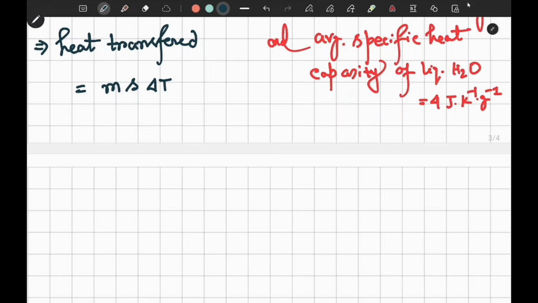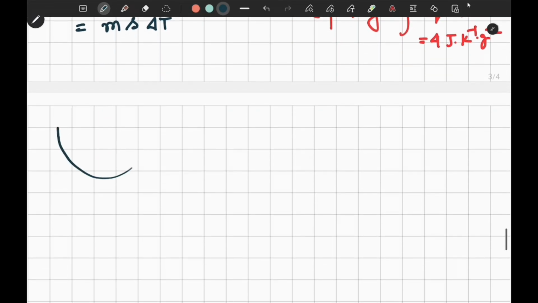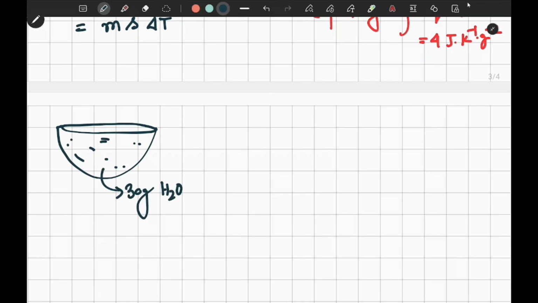Okay. Now here, what is the case? 5 gram of ice here. Water was there, that is our 30 gram of water at 300 Kelvin.